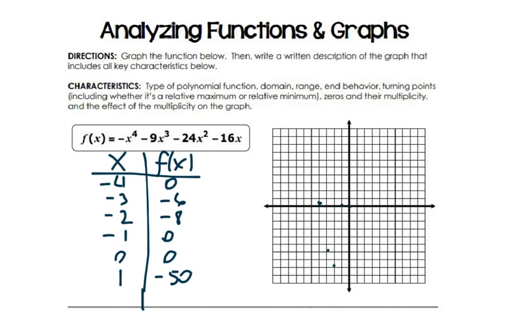I have my points. I'm going to connect them by looking at the degree. The degree is 4, which is even, and the leading coefficient is negative, which means my end behavior is going to be down and down. And I'm going to connect the points to make my function pass through all of them.